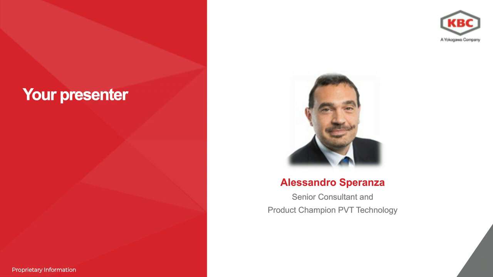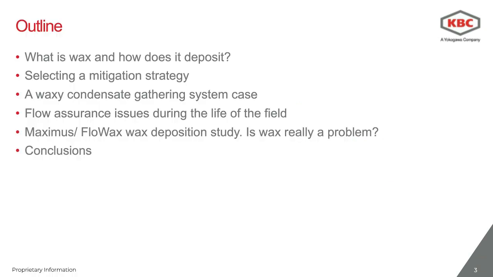That's me, so I'm going to move on quickly to the outline of the talk. I'm going to remind ourselves very briefly what wax is and why and how it deposits.